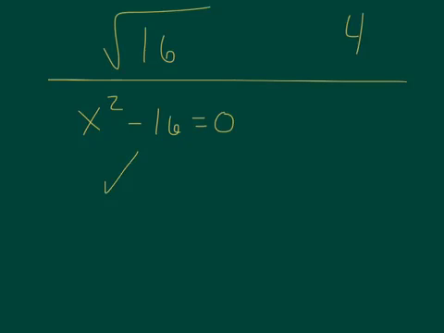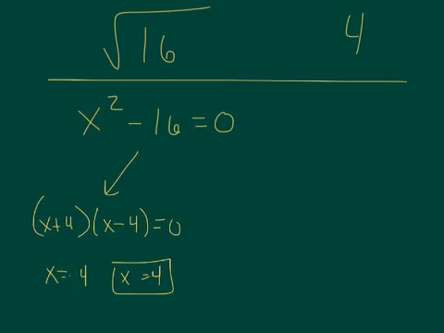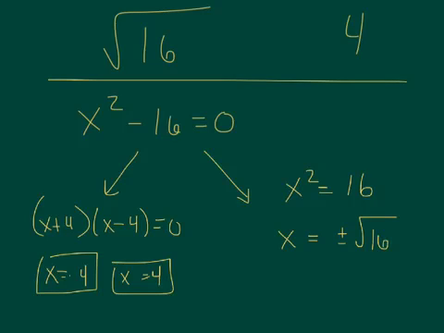Either you can answer this problem by factoring like this, and then coming up with your solutions of negative 4 and positive 4. That's one way to solve that equation. The other way is to add the 16 over, take the square root of both sides, but recalling that you have a plus or minus because there are 2 answers to this equation.